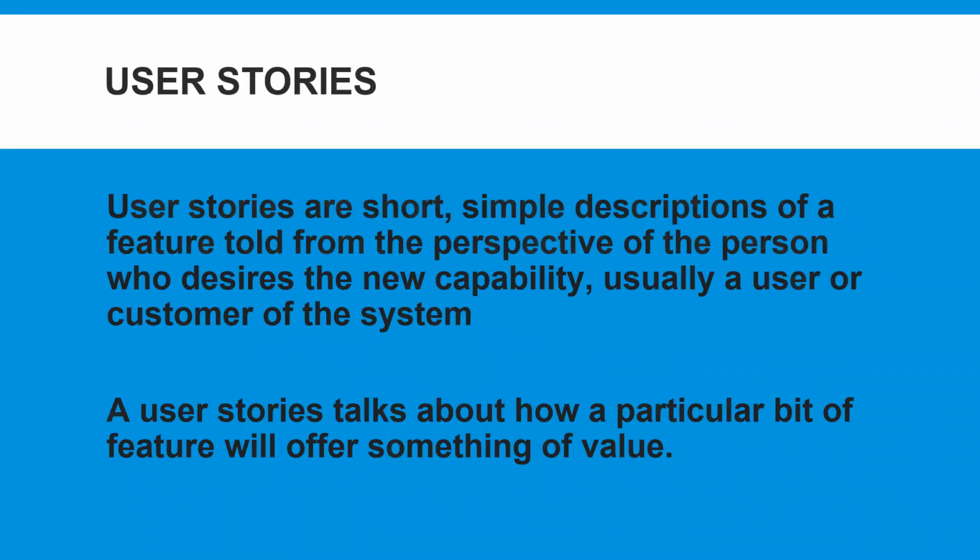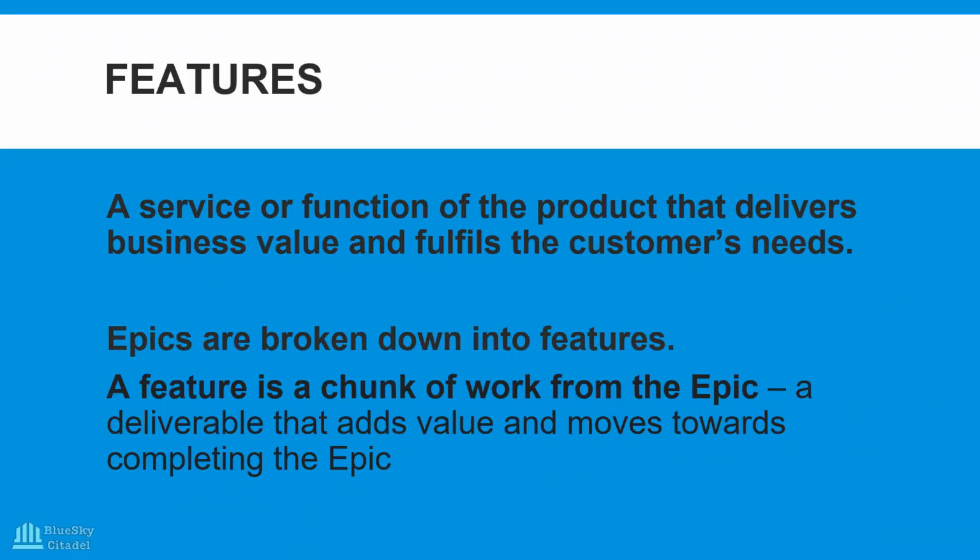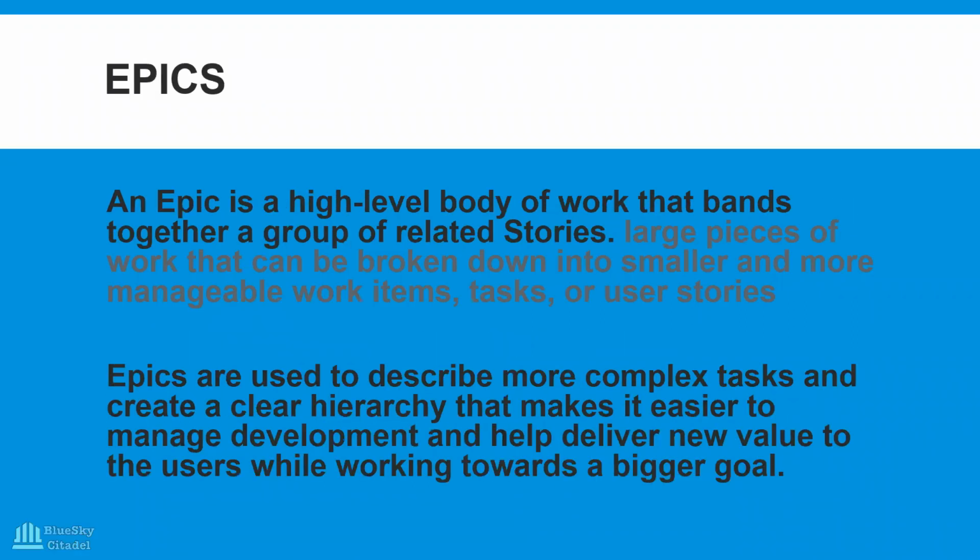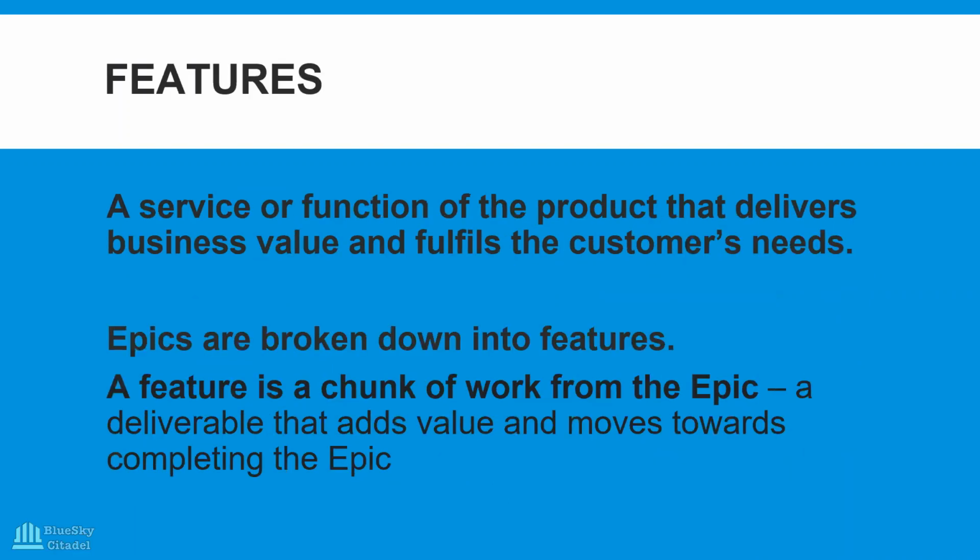All right, so where were we? So we've talked about epics, right? We've talked about epics being high level bodies of work that band together a group of related stories, right? Now we then went further down to say epics can be broken down into features, meaning that a group of features can form an epic.